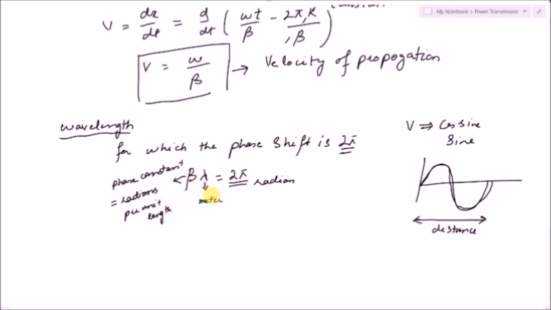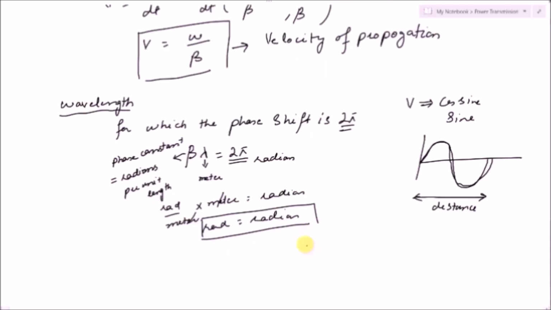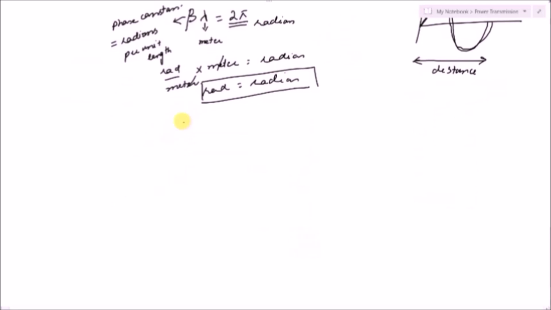And this λ is also a length. So if it is radian per meter, multiplied by meter, it is equal to radian. So meter will cancel out, and it is radian equal to radian. So to find the wavelength of the waves, we have to use the formula 2π by β, where β is the phase constant.